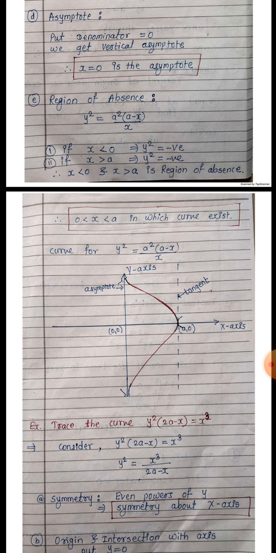Now the next point is the tangent. Here the origin is not a point of intersection, therefore there is no tangent at the origin. Next we find the tangent at point (a, 0). Here the tangent is parallel to the y-axis.